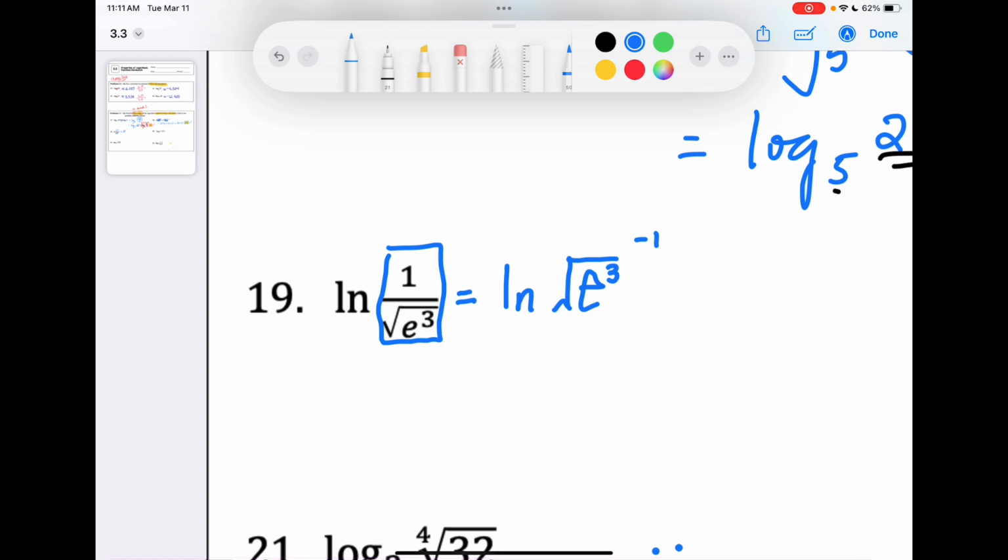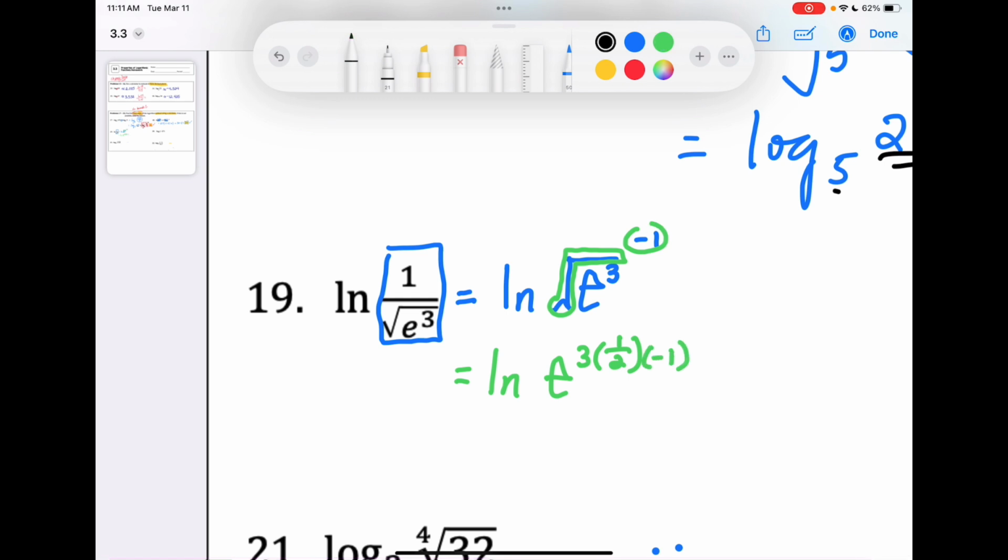So that's good? All right. Then it comes to, we do not like the square root. So I can rewrite this as E to the power 3, nothing wrong with that, but I'm going to change the square root to the 1/2 power. Don't forget, your original has a negative 1, so bring it down.